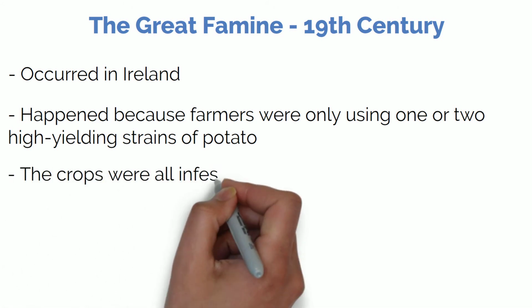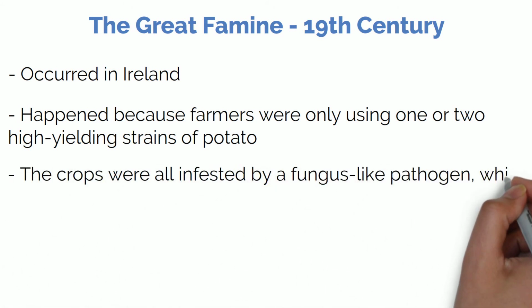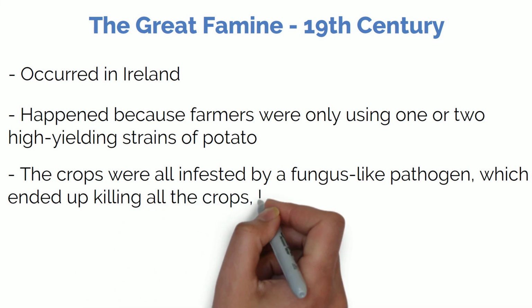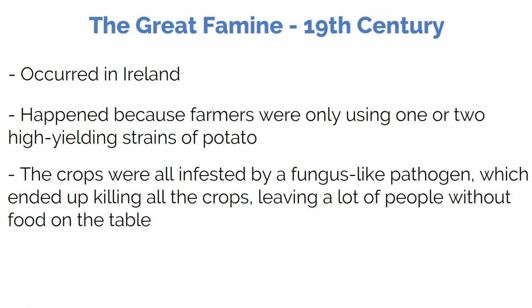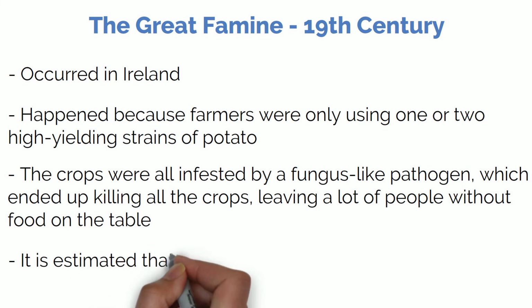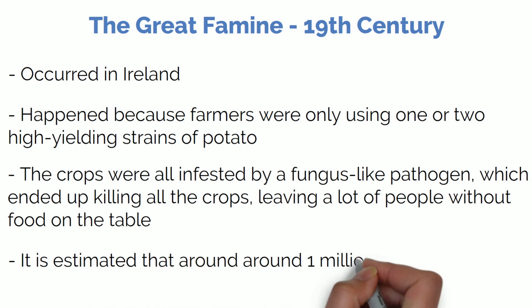The problem was that the crops were all infested by a fungus-like pathogen, which ended up killing all of the crops, as they were all genetically similar. This left a lot of people without food on the table. It is estimated that this famine killed around 1 million people.